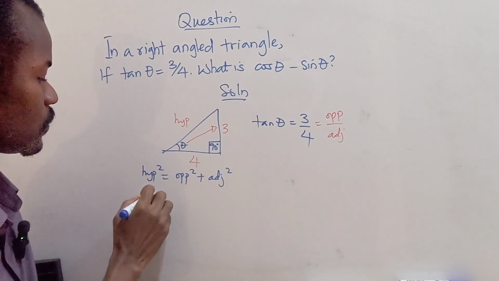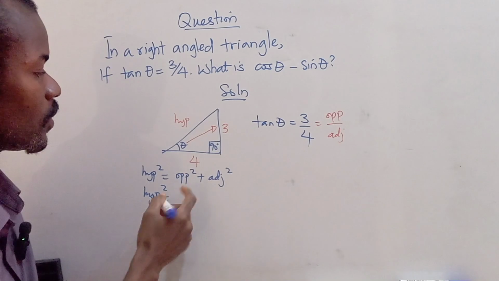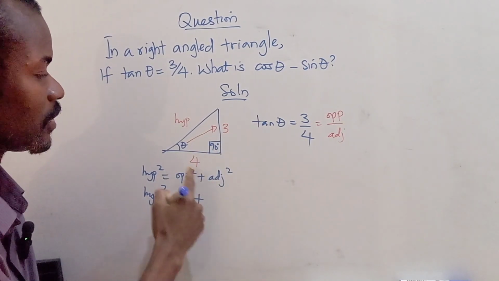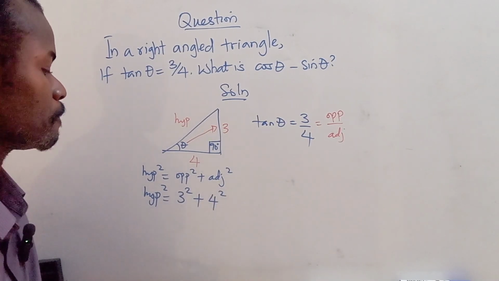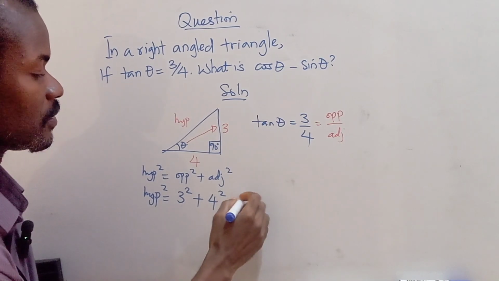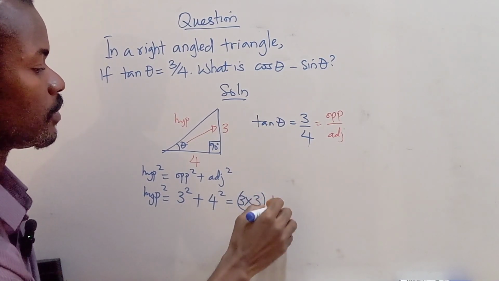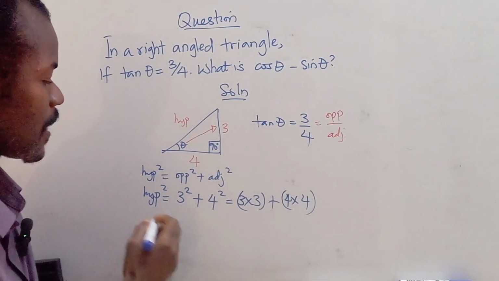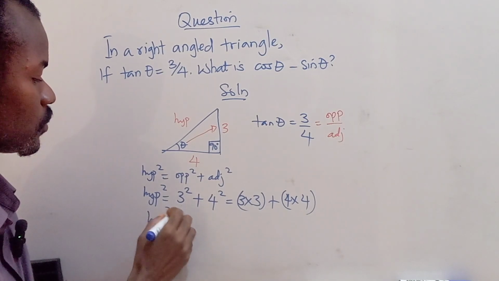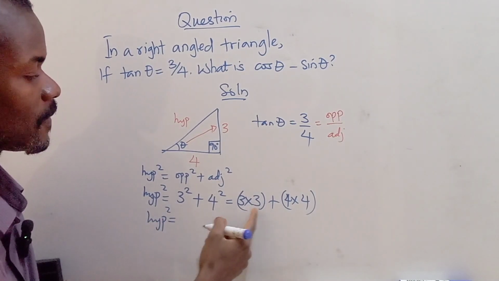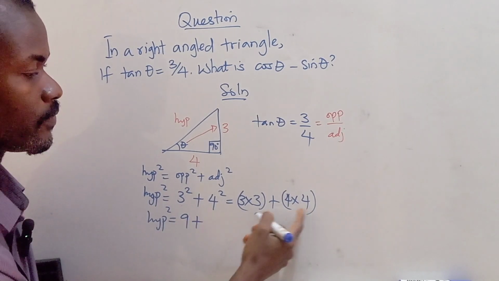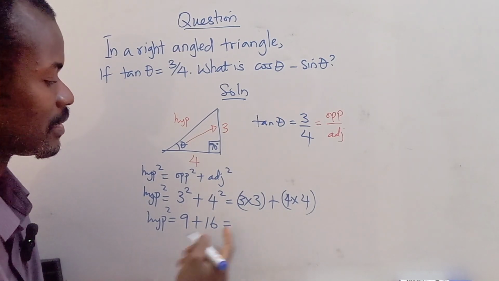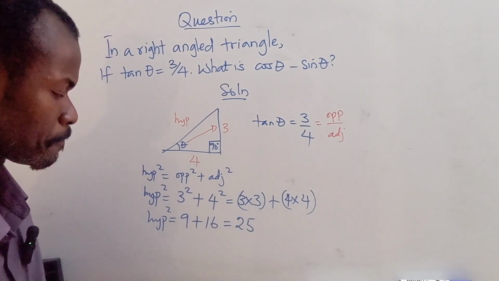So our hypotenuse square is equal to 3 square plus 4 square. 3 square means 3 times 3, plus 4 square means 4 times 4. So 3 times 3 is 9 plus 4 times 4 is 16. If we add 9 plus 16, we get 25.